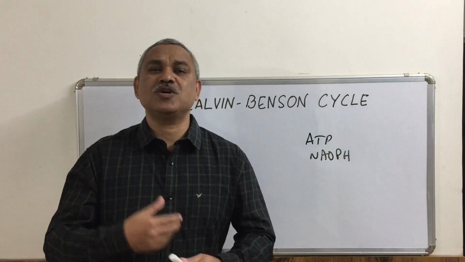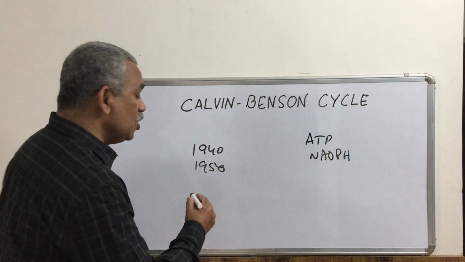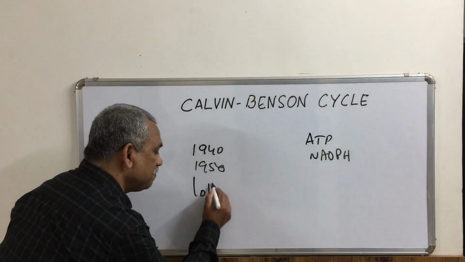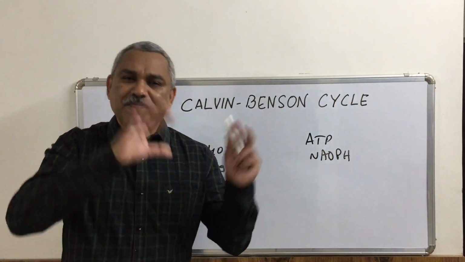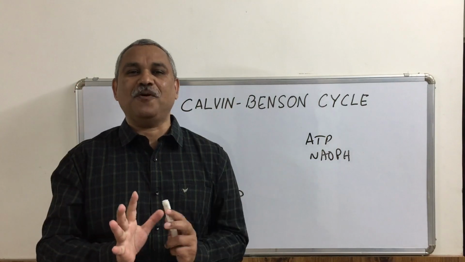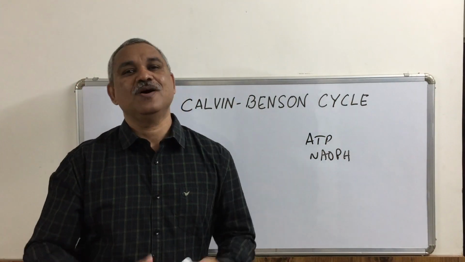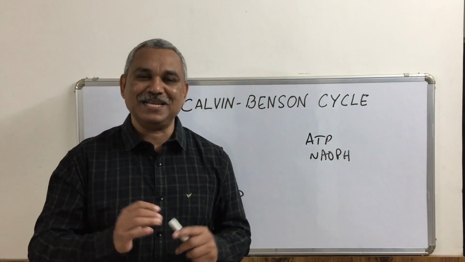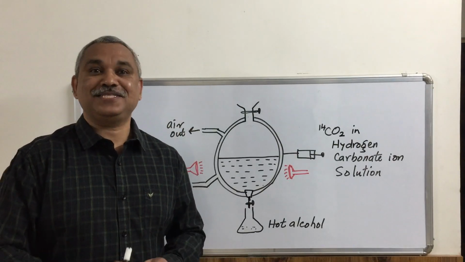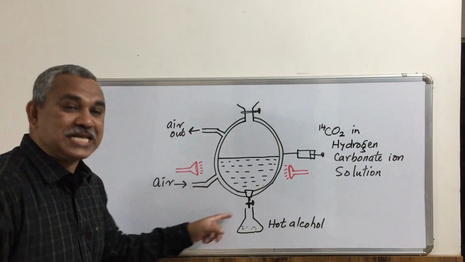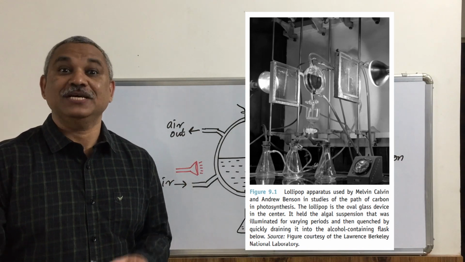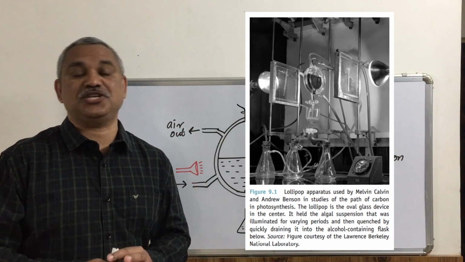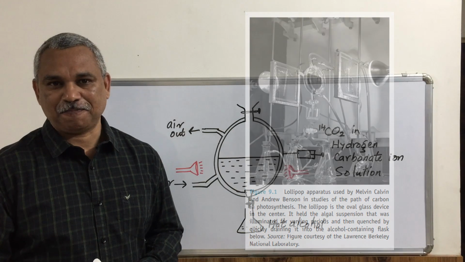This experiment was popularly called the Lollipop experiment. Let me draw the figure of this lollipop and then I'll explain how this experiment was carried out. Calvin and Benson used this apparatus, which was specially designed to carry out the fixation of carbon dioxide.